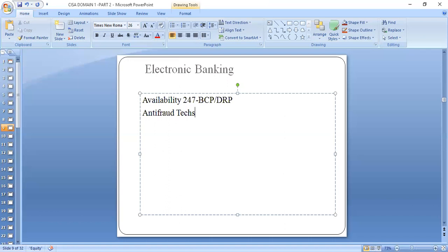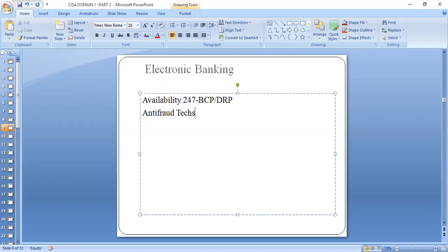Okay, people will always keep on trying to hack the electronic banking system. Just go to Google, check online. There are millions of fraud cases all over the internet. So the auditor needs to be checking for anti-fraud technologies.